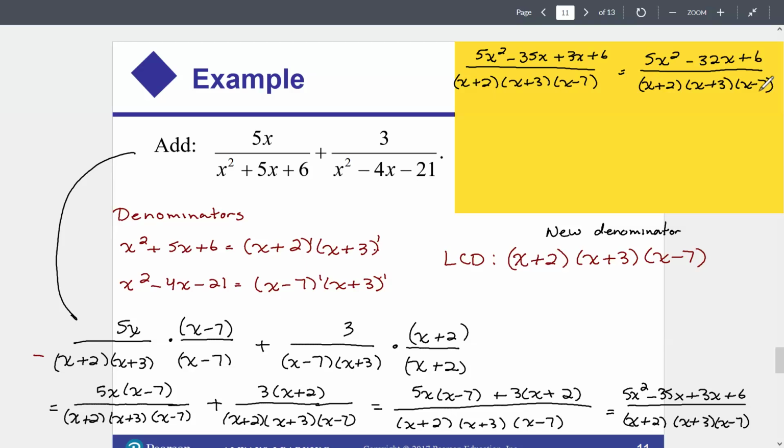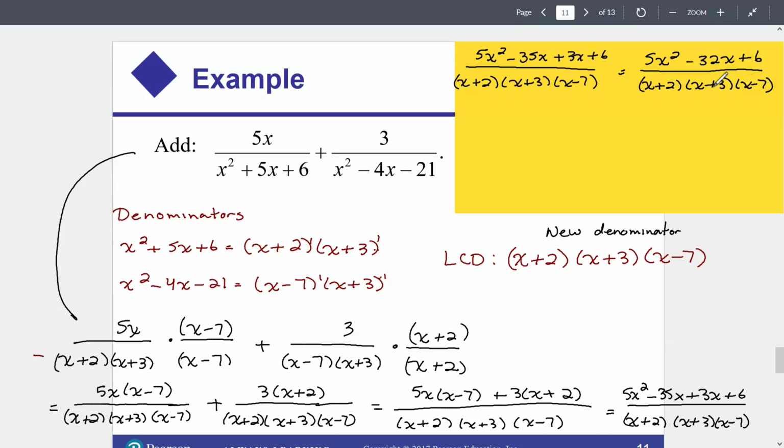I do not believe I can factor that. I can't think of two numbers that multiply to give me 30 and add to give me 32. So I believe we're good there. That's where we're going to stop.